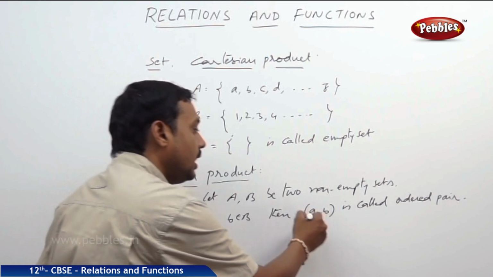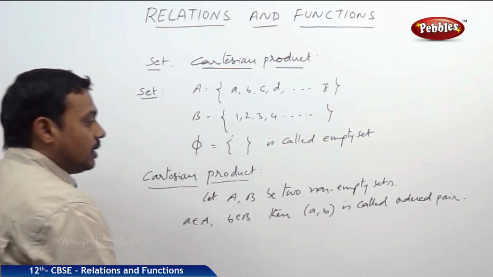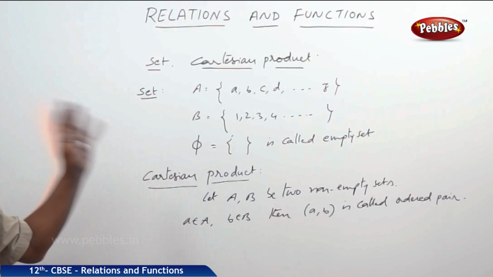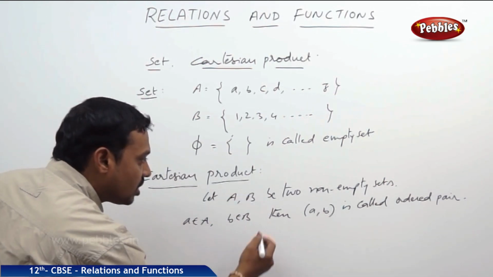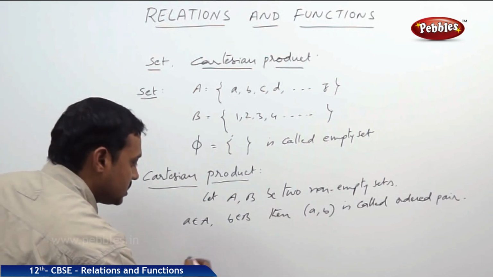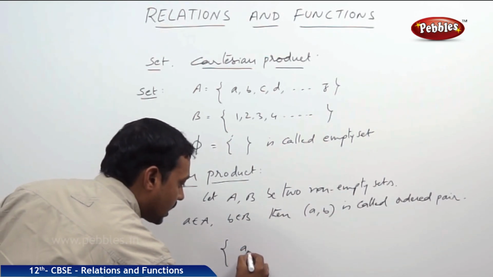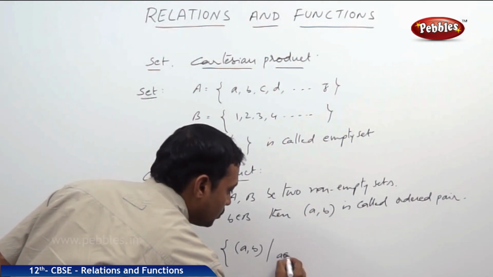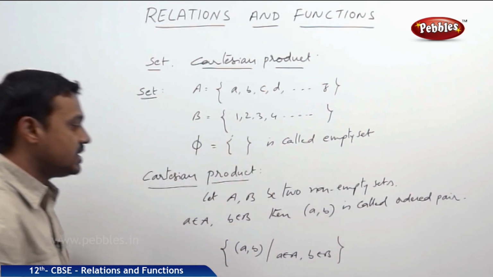Now the pair (a, b) is called an ordered pair, and the collection of all possible ordered pairs defined from A to B is called Cartesian product. So I am writing it in set builder form like this: the collection of the ordered pairs (a, b) where a belongs to A and b belongs to B. Now it is a set.